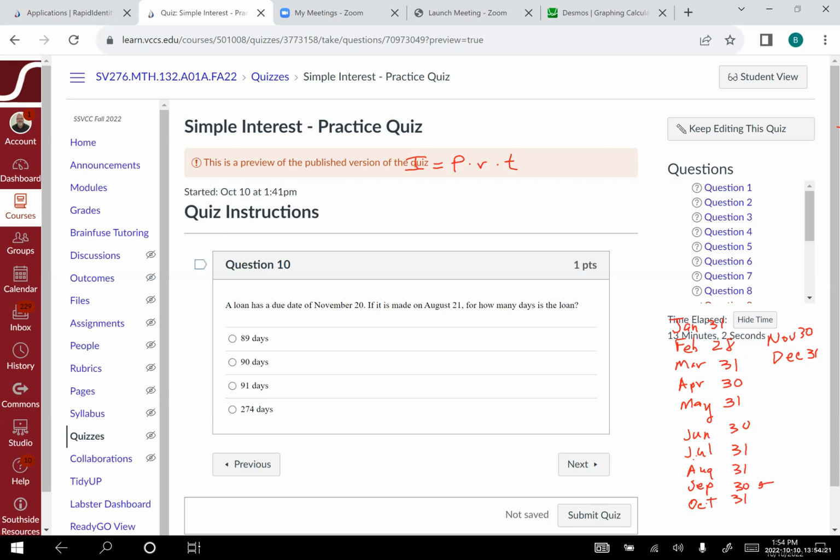All right, now we're just simply counting days. The loan was made on August 21st and due November 20th. So the months involved here are part of August, all of September, all of October, part of November.